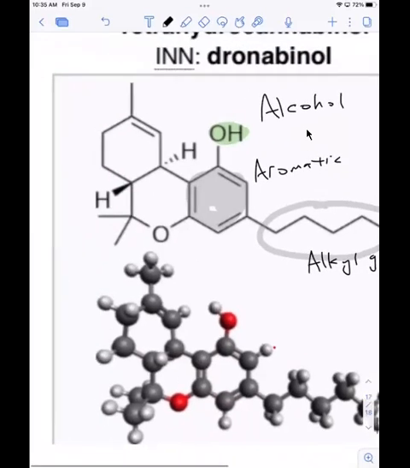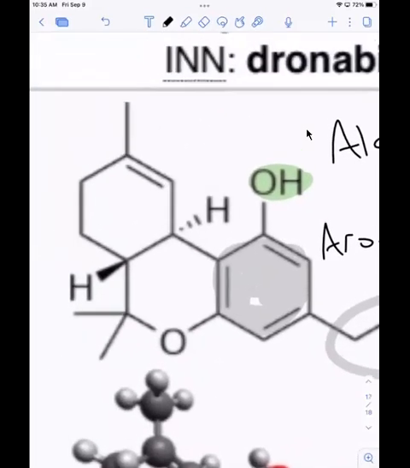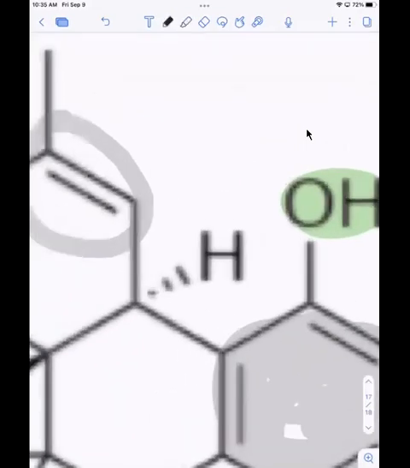All right. What about, this is one we haven't talked about, but you've seen it before. What about here? Alkene. Good. Excellent. It's an alkene.